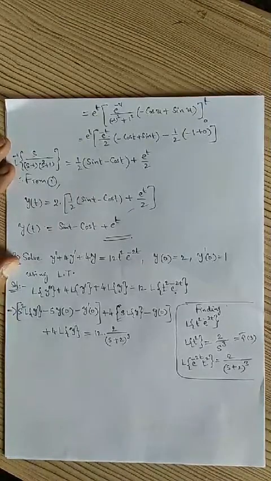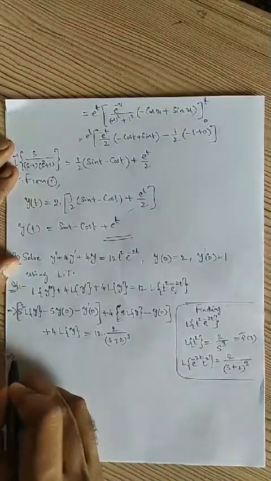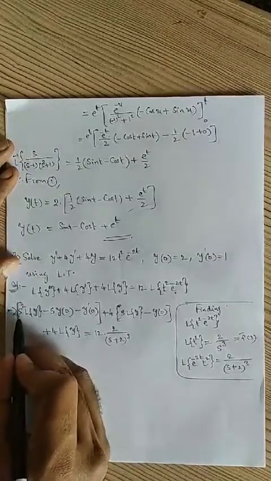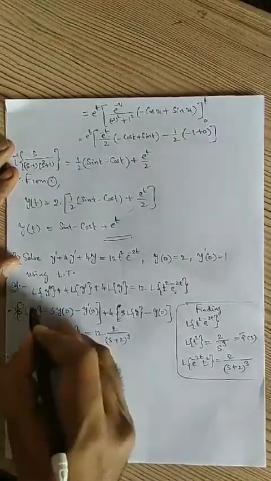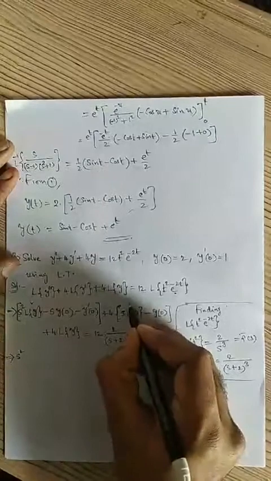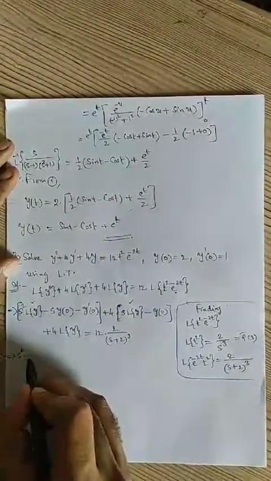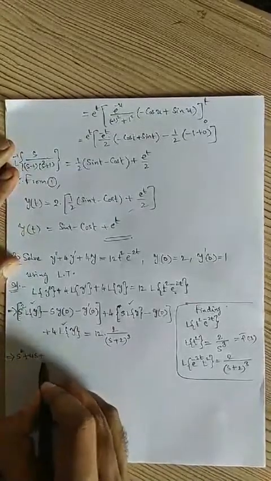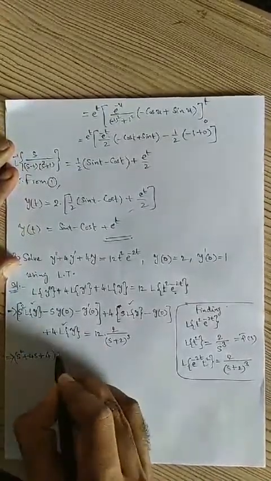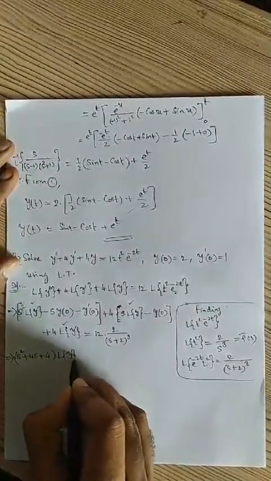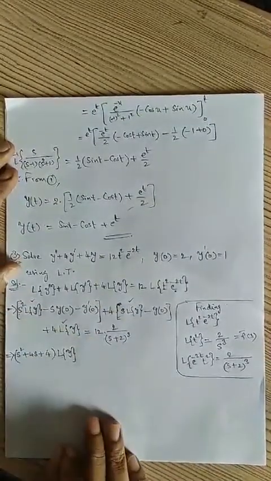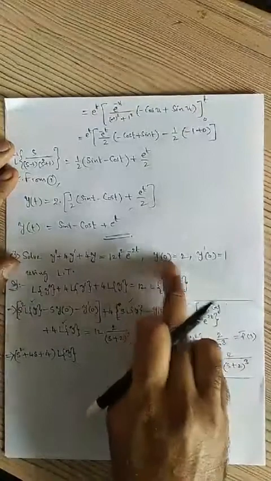Right? So we'll simplify this. This implies, now we'll take Laplace transform of y common. Here s square is there, here 4s is there, and in this term plus 4 is there, into Laplace transform of y. Right? This term and this term covered. Then y of 0 is given to be 2.